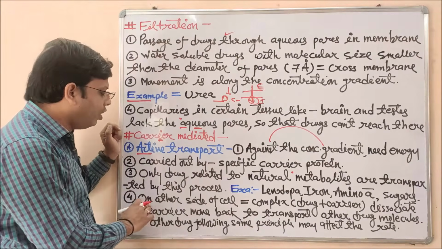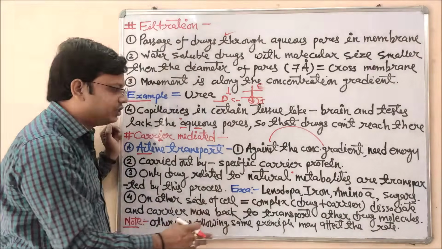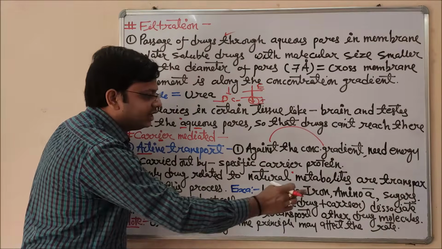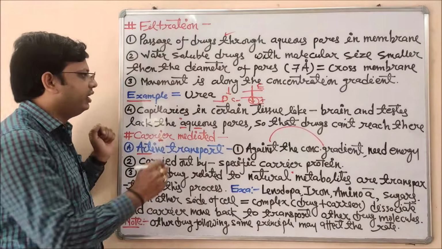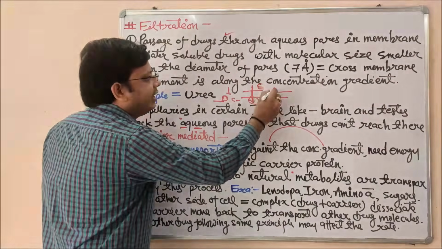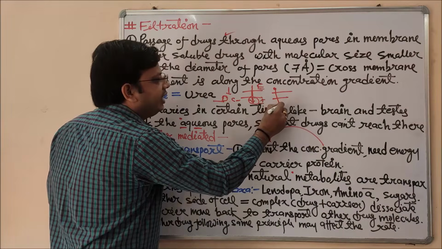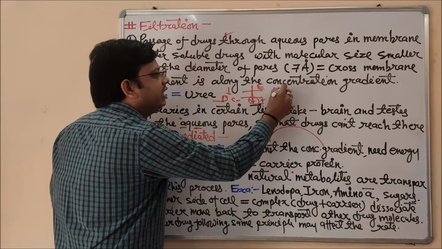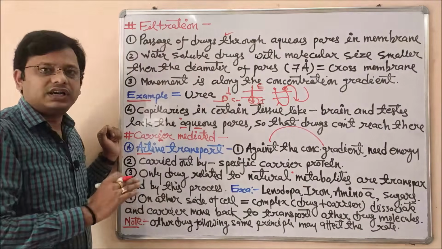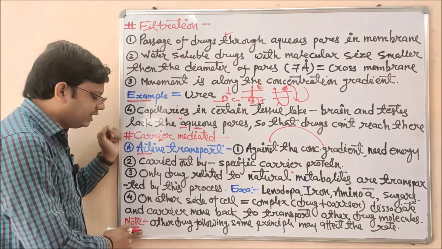So what is going to happen on the other side of the cell? The complex molecule dissociates and the carrier moves back to transport other drug molecules. This is important. This is the carrier with the drug, they come inside, they dissociate, the carrier goes again to the surface, binds to the drug again, comes inside again, and this process goes on continuously. So this is the important phenomenon.